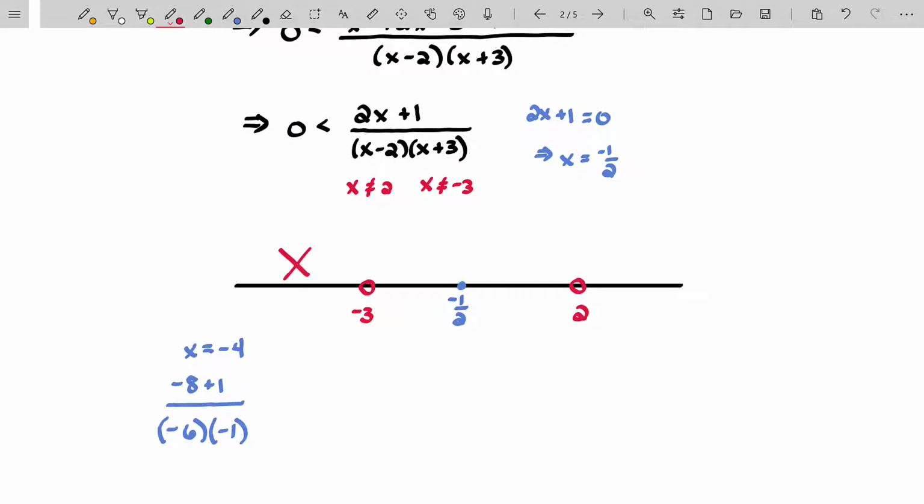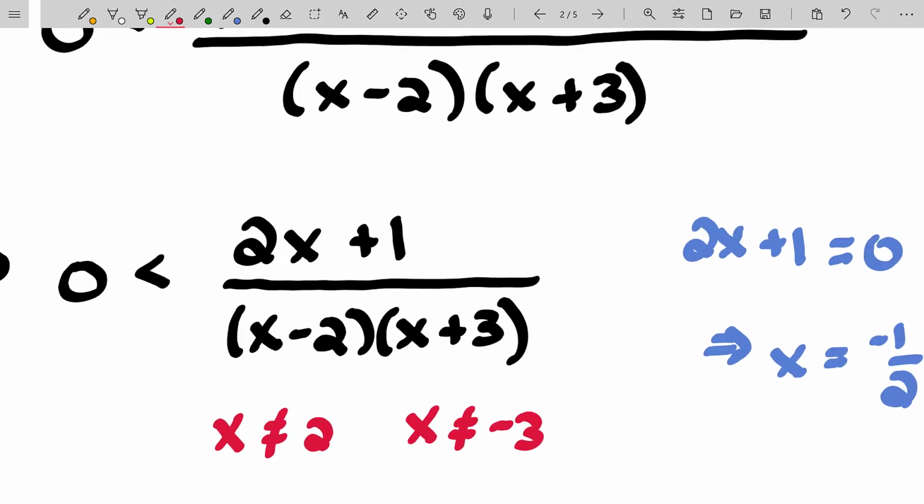Now, if you watch any of my other videos, when I test regions on the edges here, I tend to plug in super ridiculous numbers. Like in this case, I would not normally plug in a negative 4, I'd plug in a negative trillion. Why do I do that? Because think about this fraction right here. If you were to plug a negative trillion into the numerator, well, it's obviously negative.